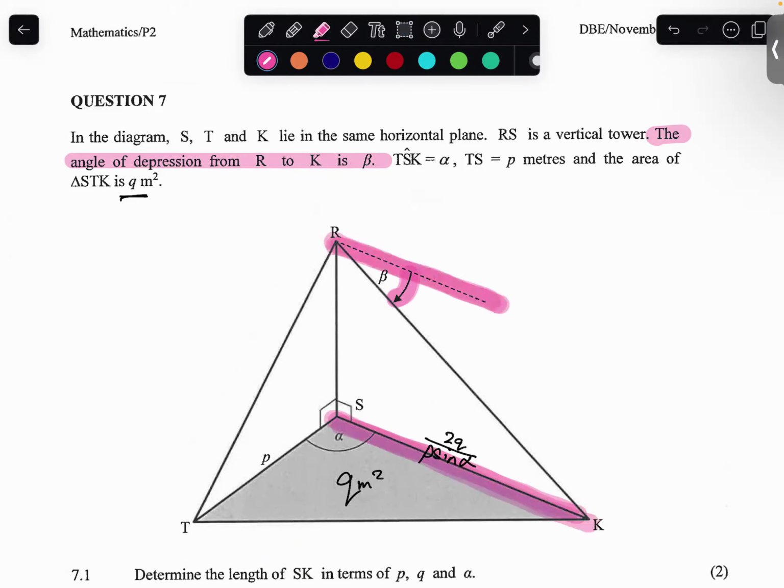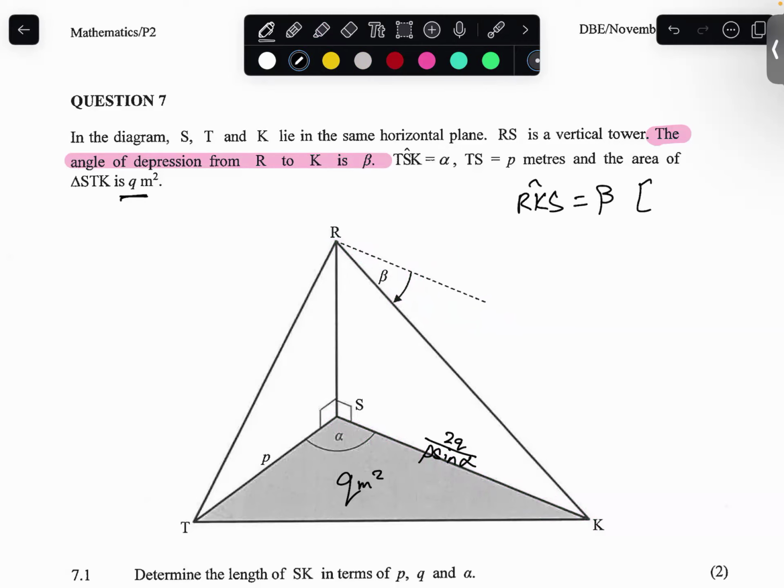This has to be a horizontal for this beta to be an angle of depression. And so it's parallel to the ground because it's a horizontal line, right? And so if it's parallel to the ground, then that means that angle RKS is also beta because of alternate angles. I'm going to write RKS is equal to beta. Reason, alternate angles. So this is beta.